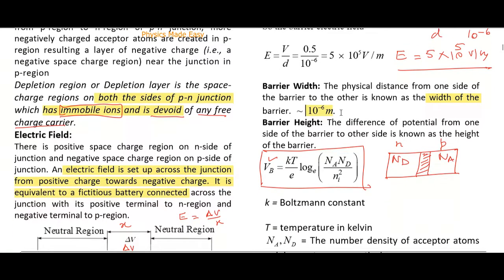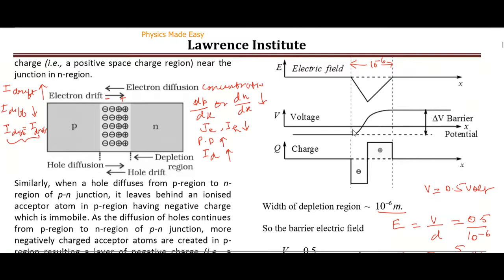Now the barrier width is 10 raised to power minus 6 meters, and barrier height is the difference of potential from one side to the other. This represents the voltage. Voltage is highly positive on this N side and negative on this P side. So this is the variation of voltage and charge, positive on this side and negative on this side.